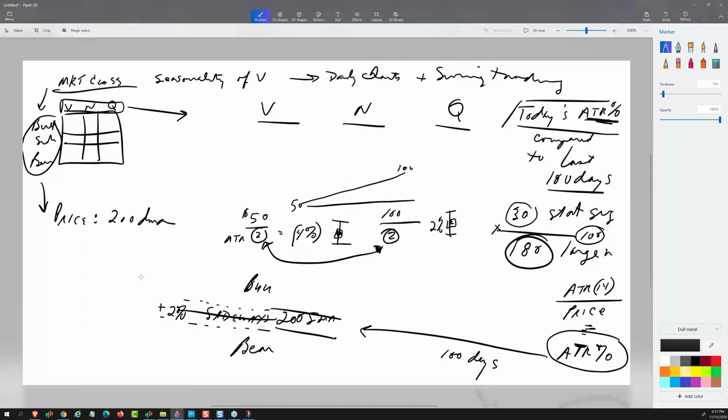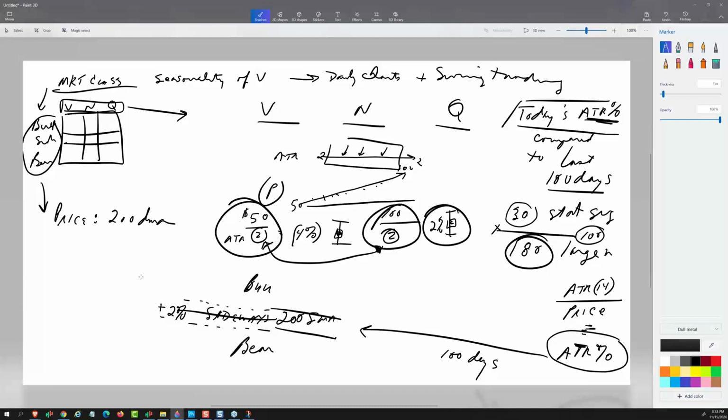Even if the ATR were flatlined at 2 all the way across, you might say volatility isn't changing, but in fact, because price is going up, the volatility is actually declining. It is now half as volatile as it was when it was at 50.